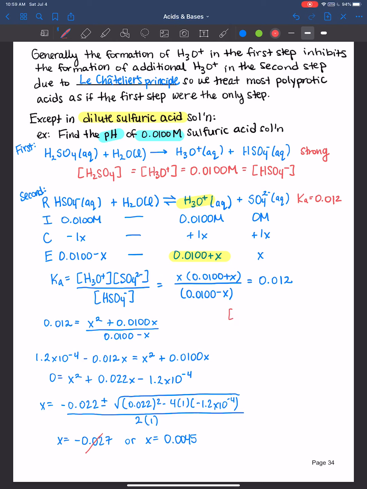So let's continue on. The hydronium ion concentration at equilibrium is equal to 0.0100 plus 0.0045. And that is equal to 0.0145 molar. The pH is equal to the negative log of the hydronium ion concentration.